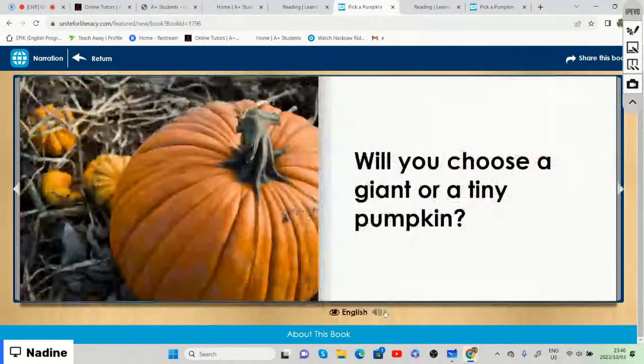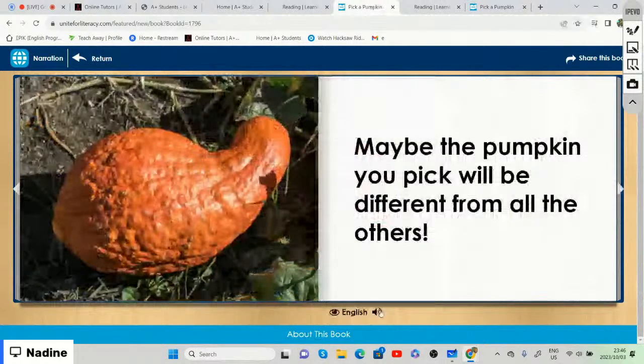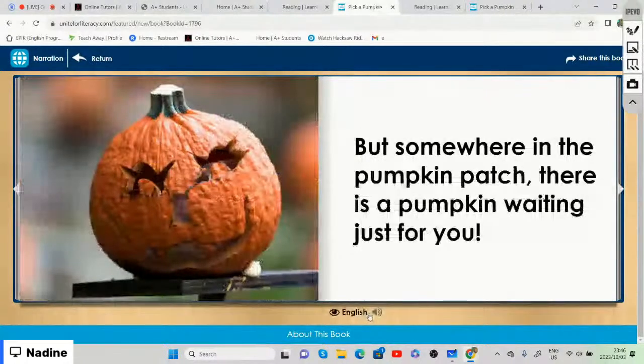Will you choose a giant or a tiny pumpkin? Maybe the pumpkin you pick will be different from all the others. There are so many pumpkins, it is hard to choose. But somewhere in the pumpkin patch, there is a pumpkin waiting just for you.